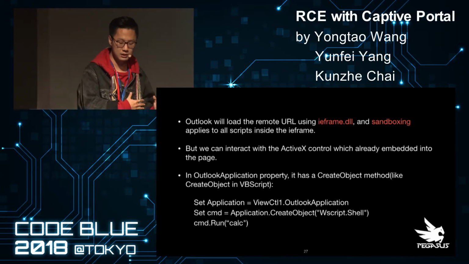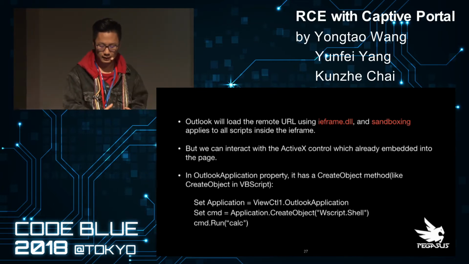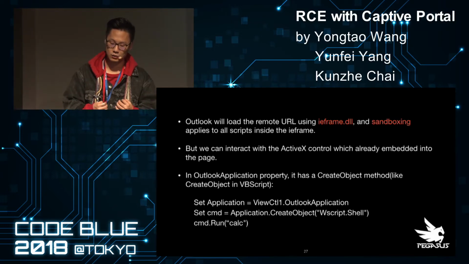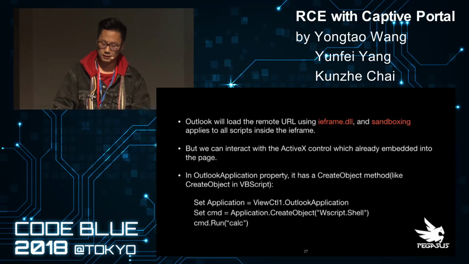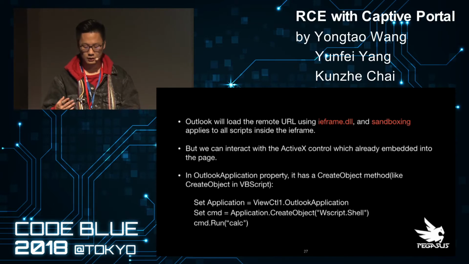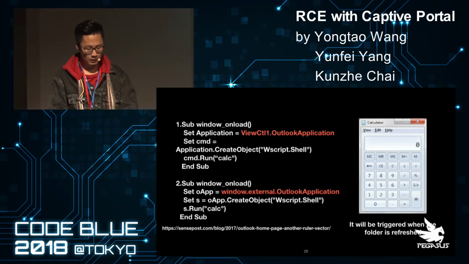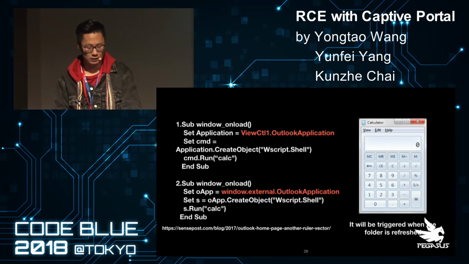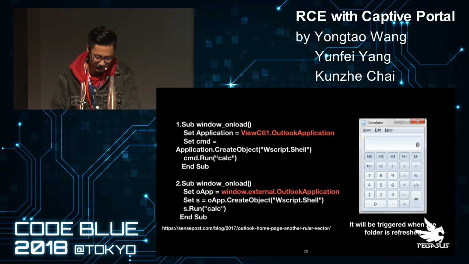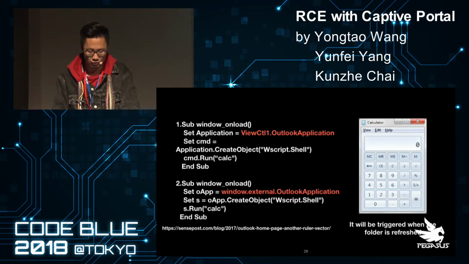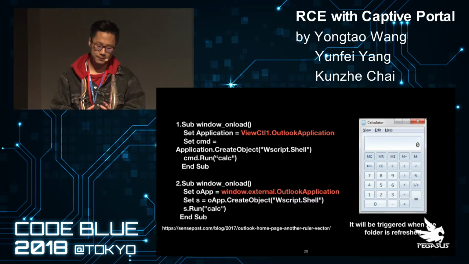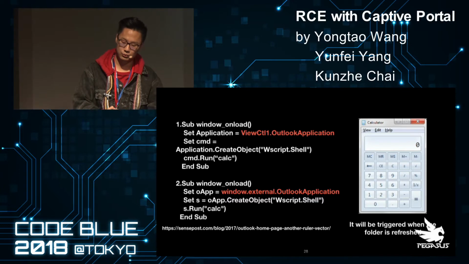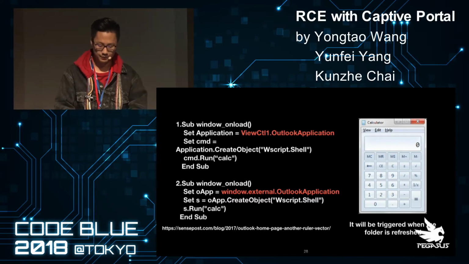In the Outlook application object, there is a CreateObject method. It's like CreateObject in VBScript. If you don't want to use the ActiveX Outlook view control, we can also use window.external to get a handle to the Outlook application.